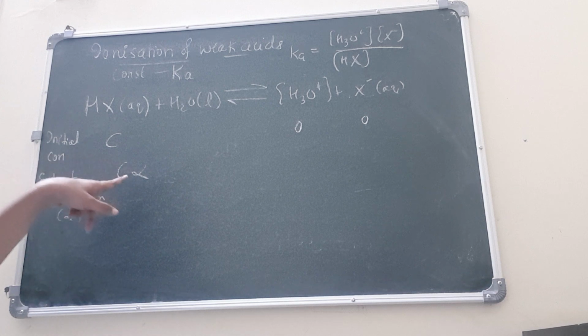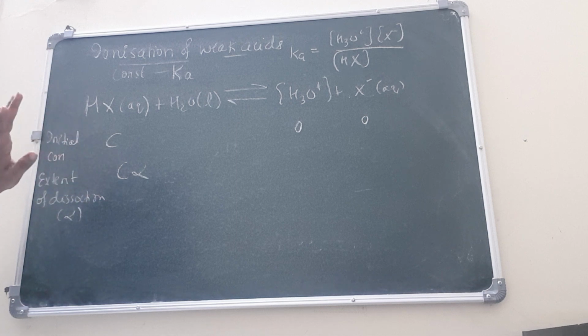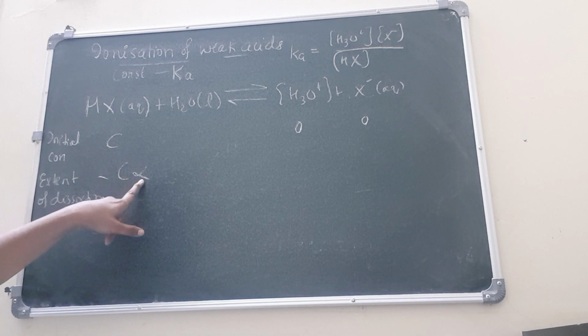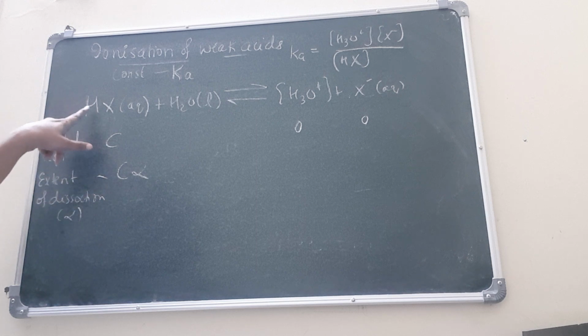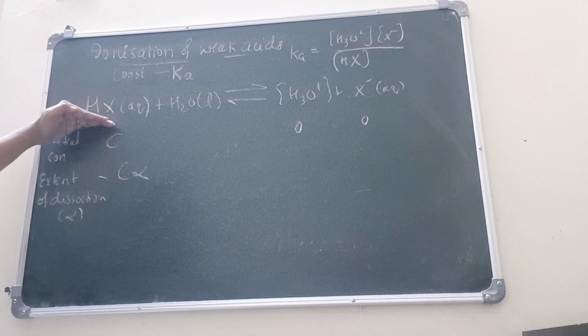If for 1 mole the dissociation is alpha moles, and you are taking C moles of HX, then for C moles it is C alpha. I will write a minus sign here, and I'll tell you why. Now, if alpha is the extent of dissociation, let me give you an example. Let us say this was 100.